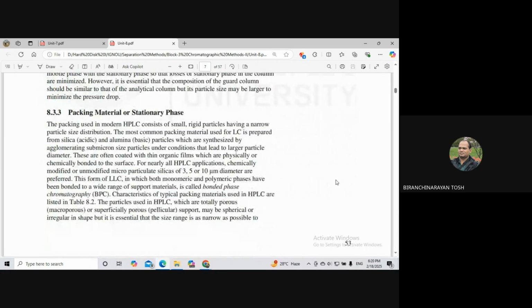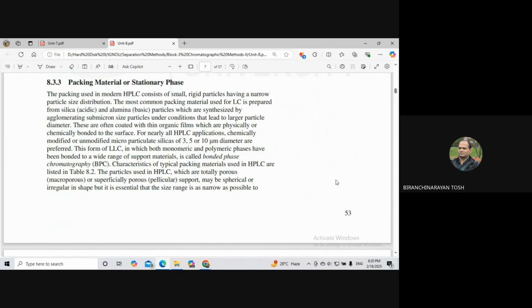Then the packing material, or the stationary phase. The packing used in modern HPLC consists of small rigid particles with a narrow particle size distribution. The most common packing materials used for liquid chromatography are prepared from silica, which may be acidic, or alumina, which is basic. Silica or alumina particles are synthesized by agglomerating submicron size particles under conditions that lead to larger particle diameter.